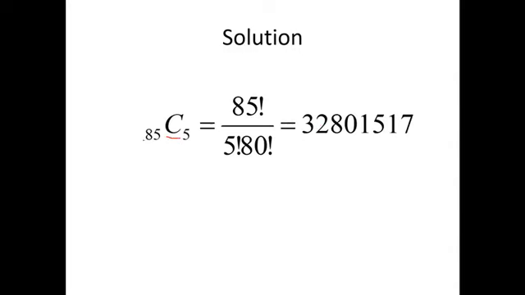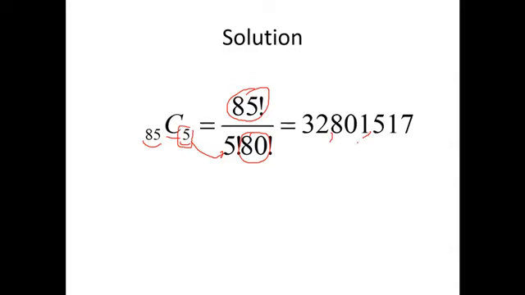So you have 85 combination 5, and so by formula you've got your 85 factorial over 5 factorial times 85 minus 5 factorial, and this works out to there are 32,801,517 ways of doing this.